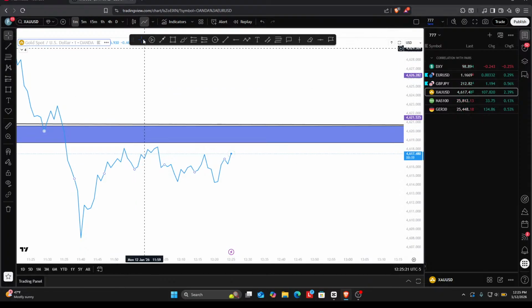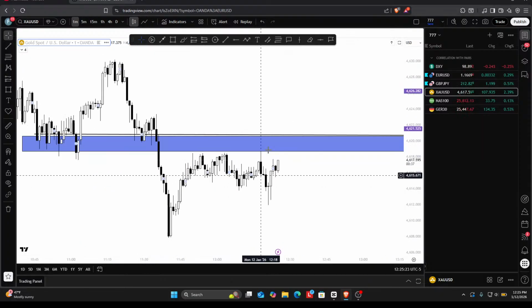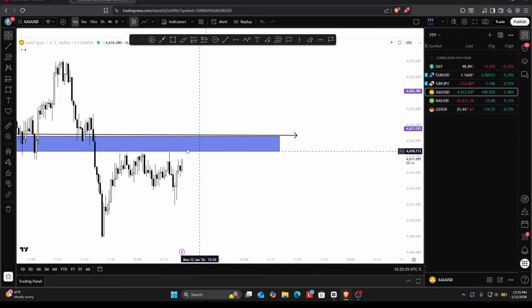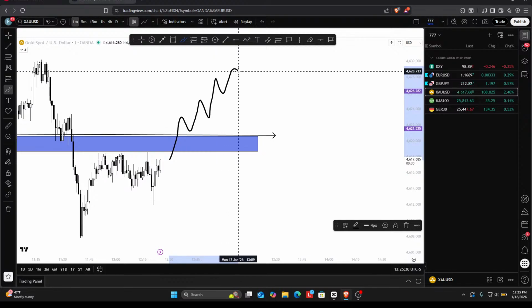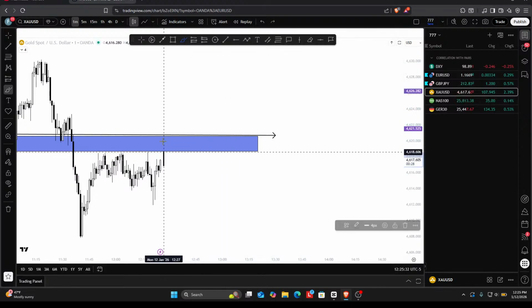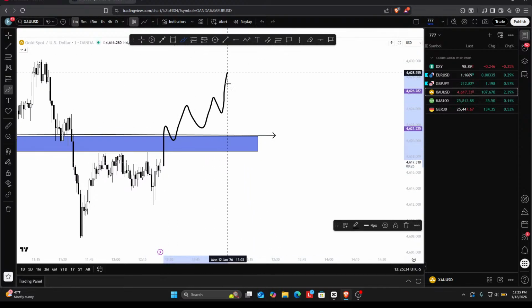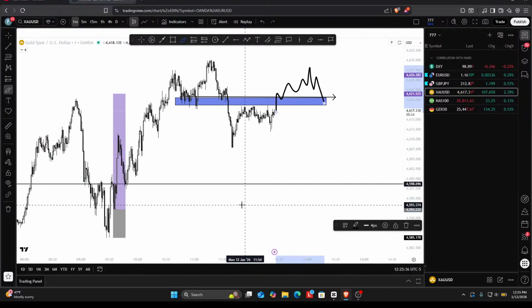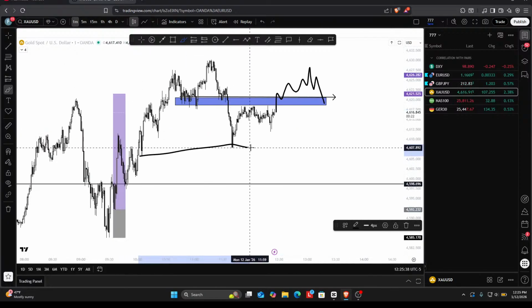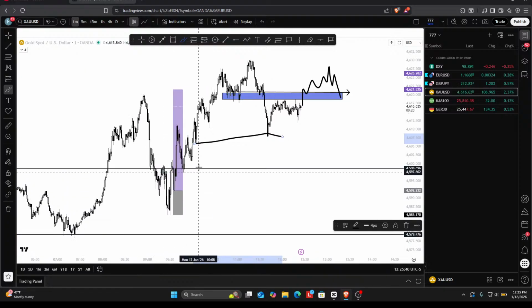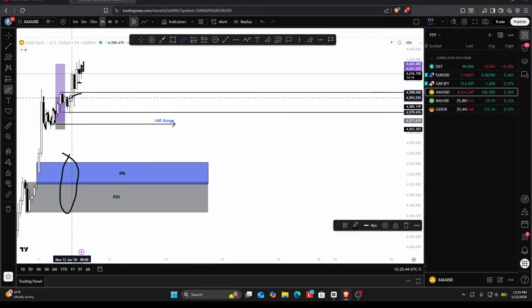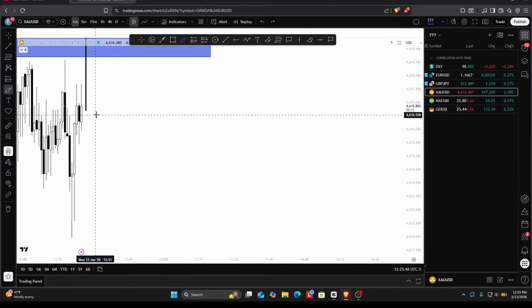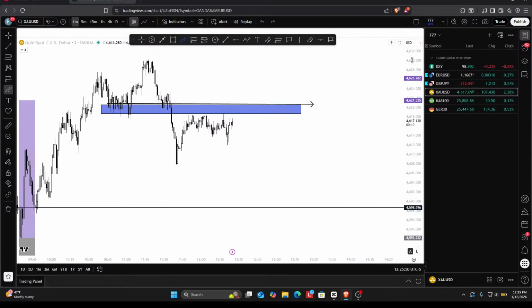So right now it's just creating structure plays until we get some type of distribution out here. Then it can just keep on going up, right? Besides that, if we get something like this, I'll be interested in selling, going for these lows, potentially even lower, right? Because you got the 1 hour constantly coming down here, play that section there, okay?